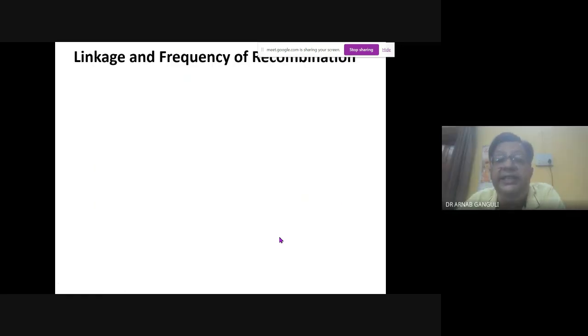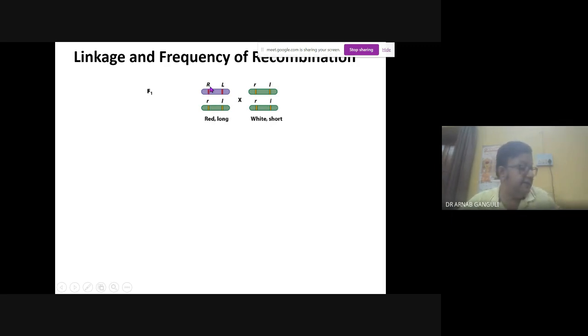So now, linkage and frequency of recombination. So the same cross again: capital R, capital L, small r, small l, crossed with small r, small l, small r, small l. So red long and white short.